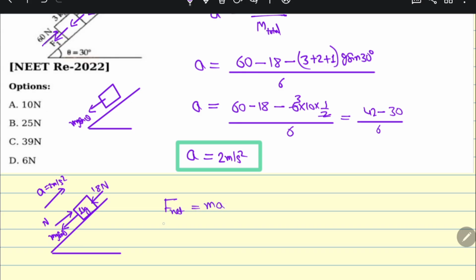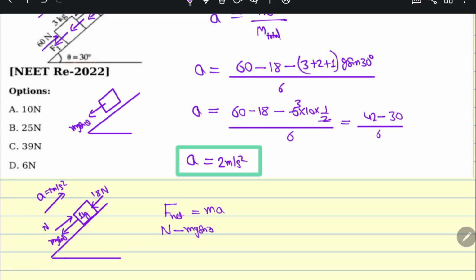So that is normal reaction minus mg sin 30 degree, the angle they have given, minus 18, equal to 1 into acceleration, which is 2.